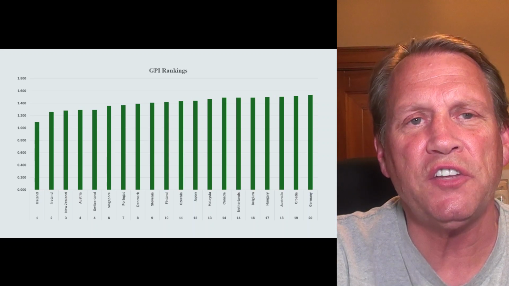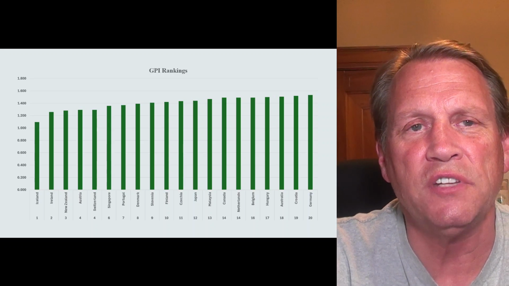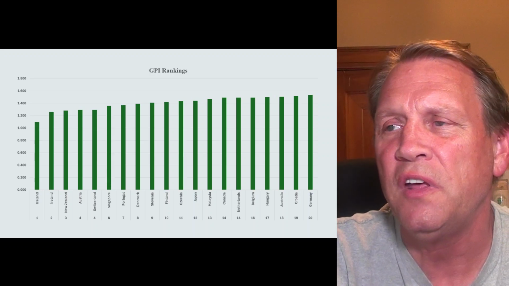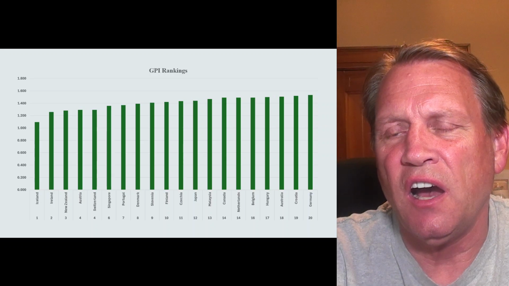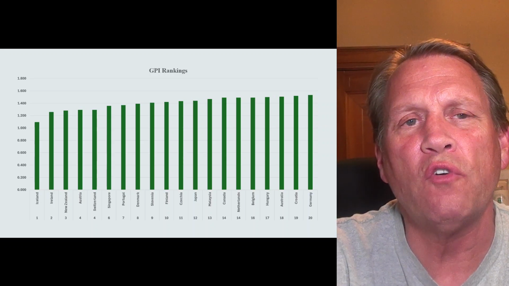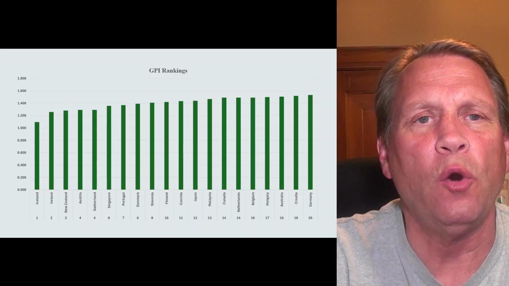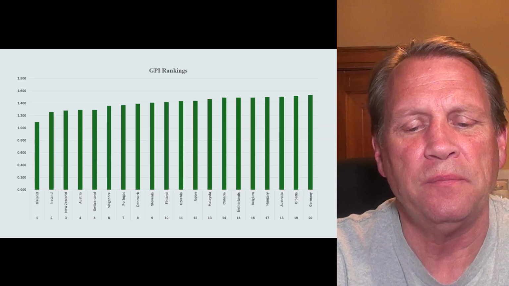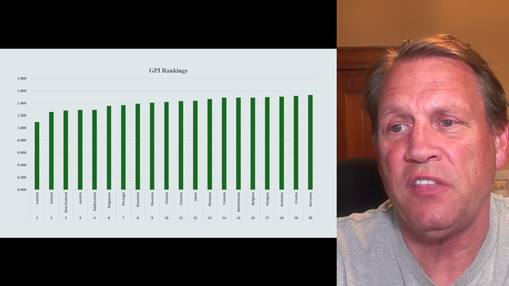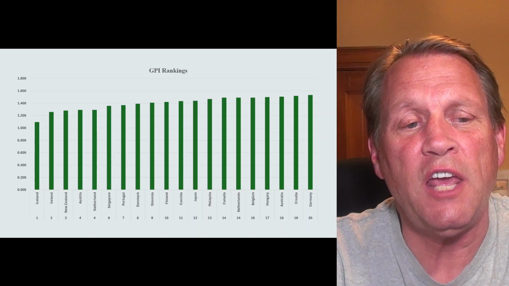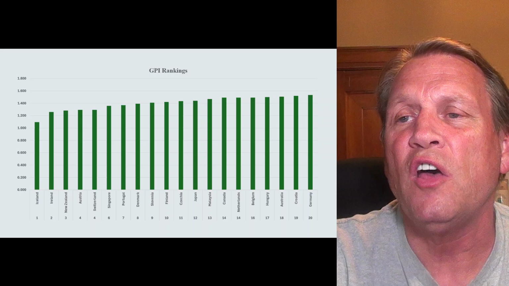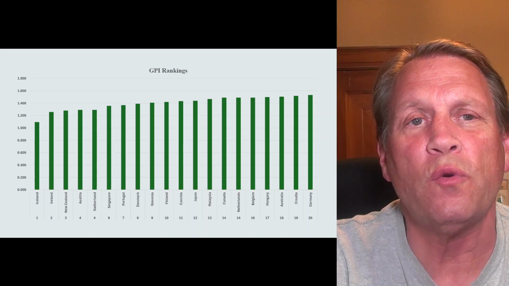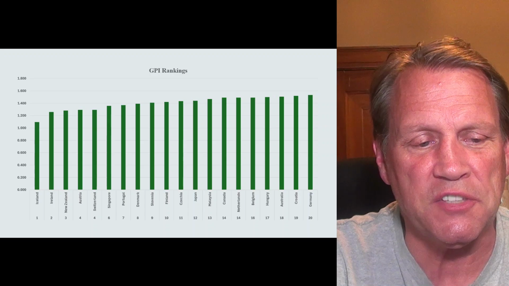If you're looking at this chart, and again, I apologize if you're listening to this or looking at it on a phone, the GPI rankings are compiled into one overall aggregate score. The lower your score, the better. On the chart, I've given the names of the top 20 countries on the x-axis at the bottom, and on the y-axis you see the overall scores out to 3 decimal places.